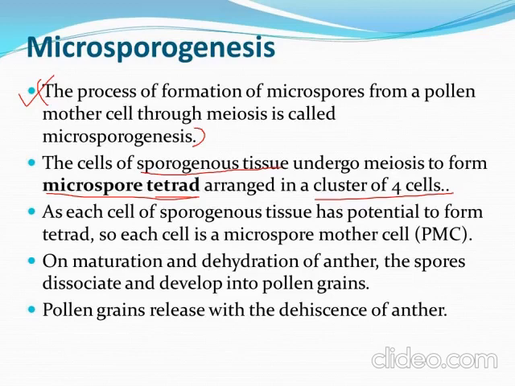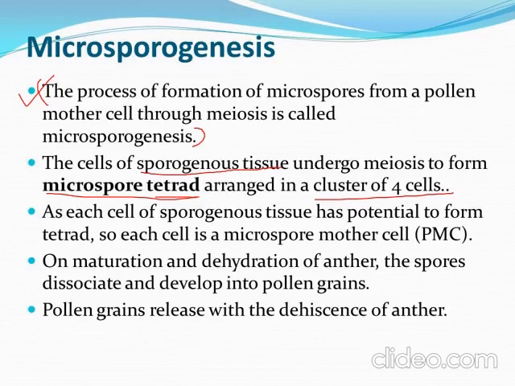Those free microspores are now free to convert into the pollen grain. And as I have told you, each and every cell of those microspore tetrads, which are arranged in tetrahedral form, has the capacity to work as PMC.